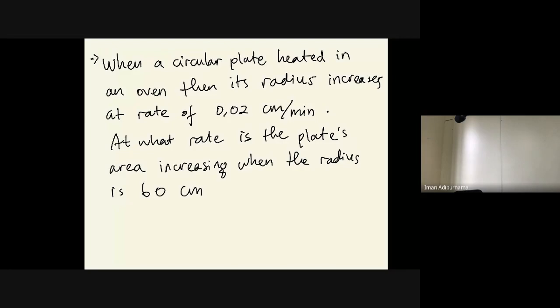You have area and radius, and you have a circle. I think you know the area of a circle, so just use that, derive, plug in the information, and that's it. It's asking for the rate of change of the plate's area. You know the rate of change of the radius.